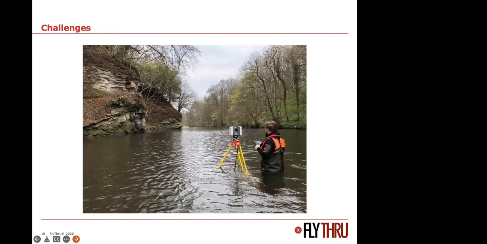So first of all, targets were placed on the face. You might not be able to see, but I know where they are. In the distance, there's a white target. And we scanned the rock face from the center of the river and from the far banks to give that 3-dimensional model of the existing rock face as it stood.